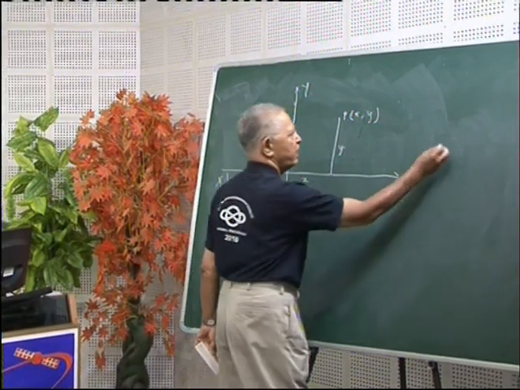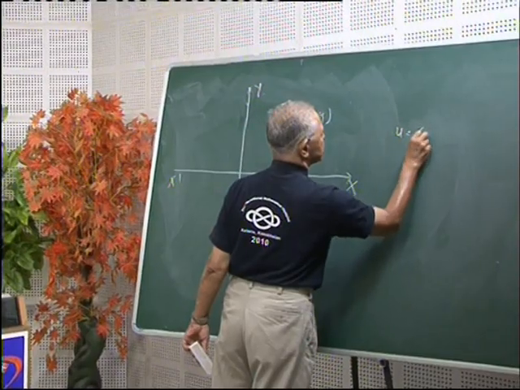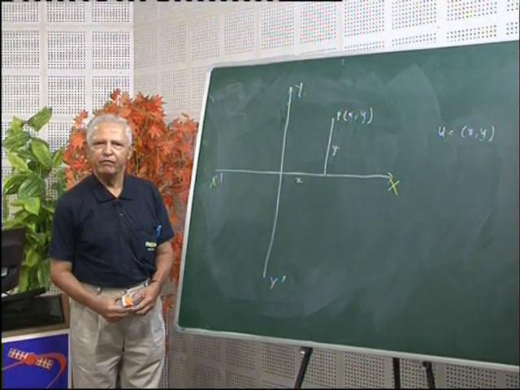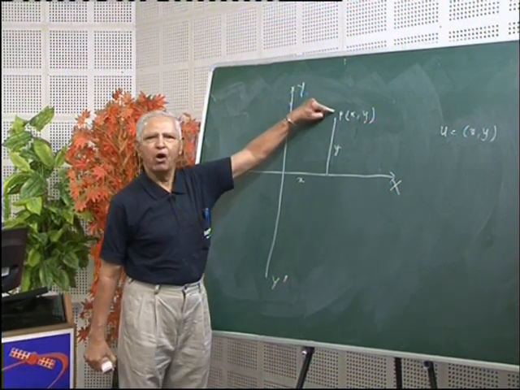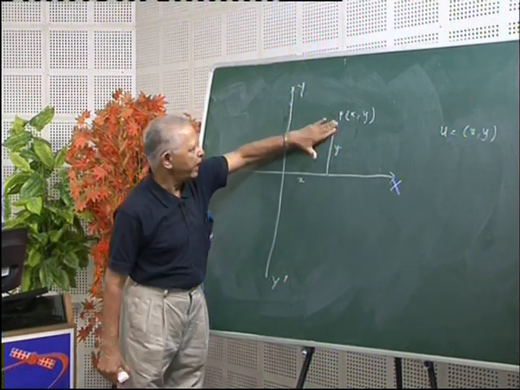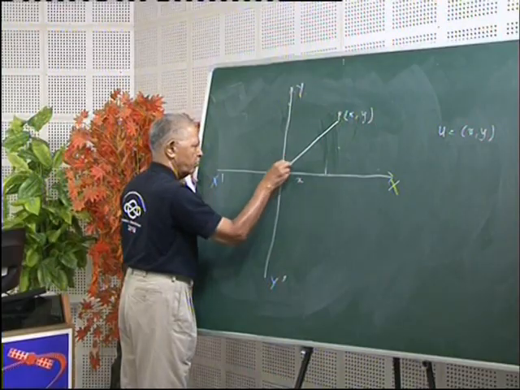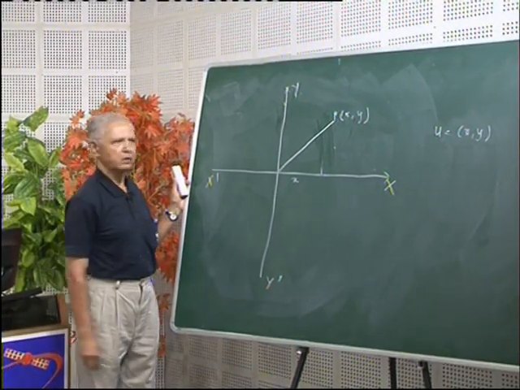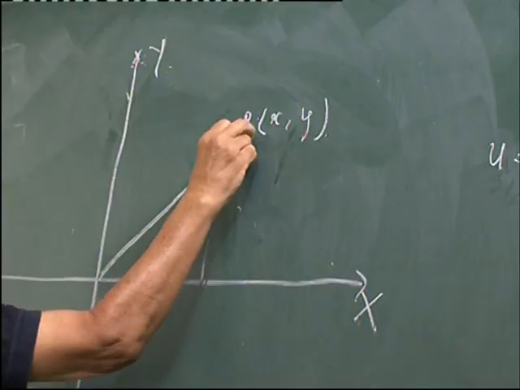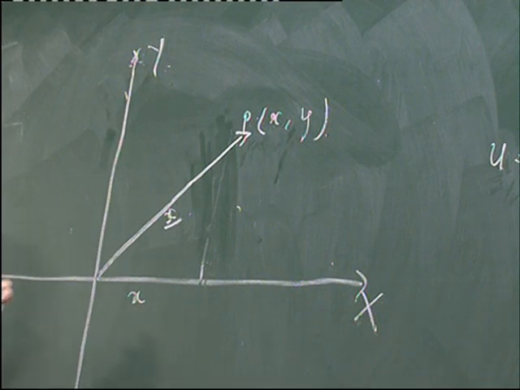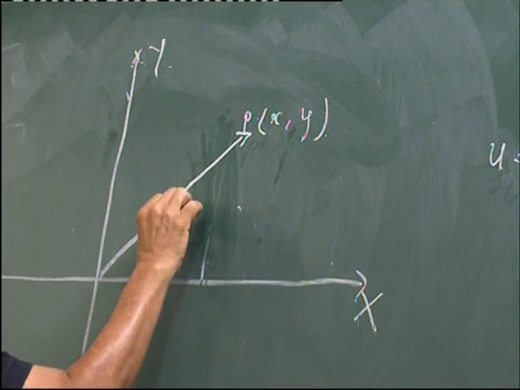Suppose we have a vector u = (x, y). Then we take the point P whose coordinates are x y, and we join this point P with the origin and make an arrow here. This is our vector u.